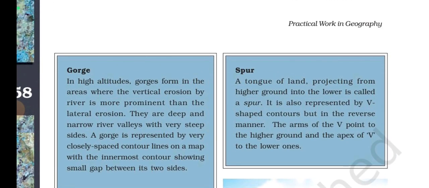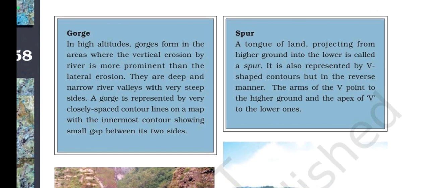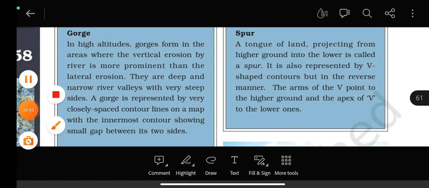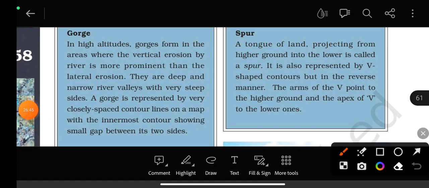Now spur. A tongue of land projecting from higher ground into the lower is called a spur. So what is a spur? A piece of land or a tongue of land projecting from higher ground to lower ground is called a spur. It is also represented by V-shaped contours, but in the reverse manner.